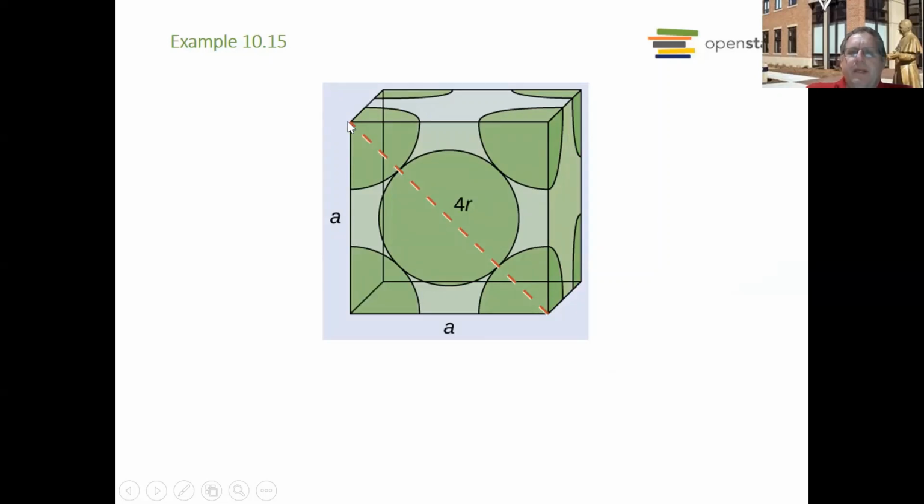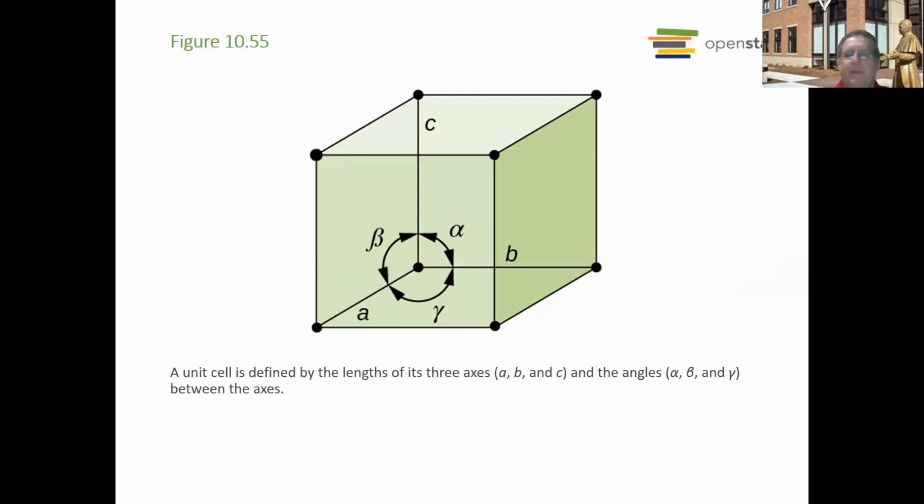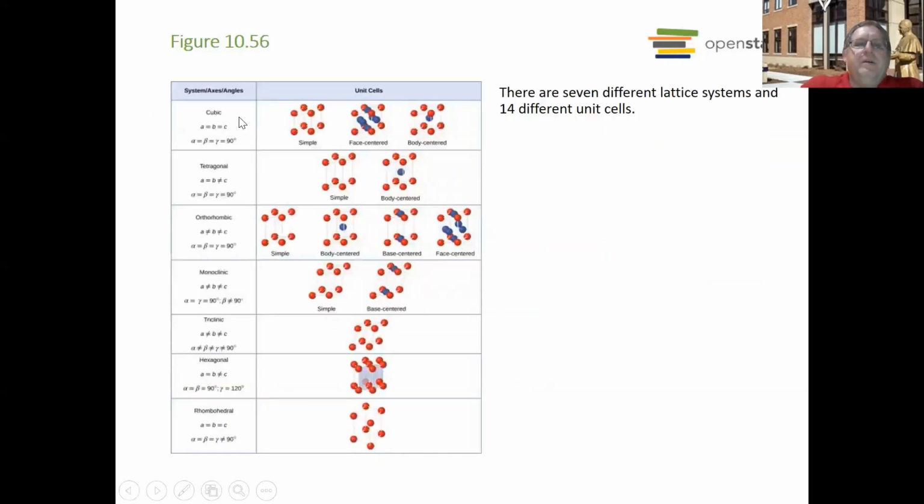Another thing that we can pay attention to for a face-centered, the diagonal of the cube is 4R. We'll also look at body-centered here in a minute. A unit cell is defined by the length of its 3 axes, A, B, and C, and the angles alpha, beta, and gamma. Now, this is very important. This defines the type of unit cell that we have. Here you see 7 different lattice systems and 14 different unit cells.